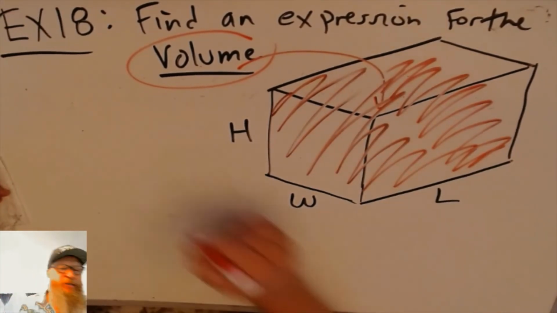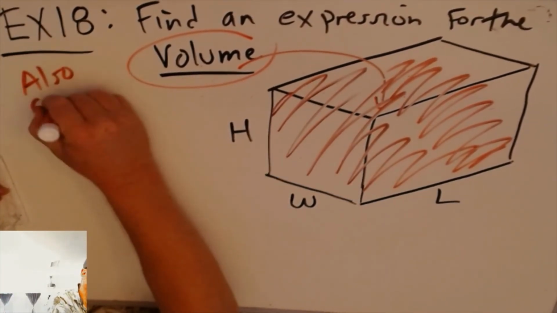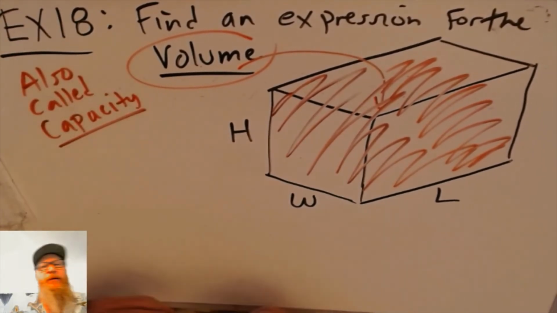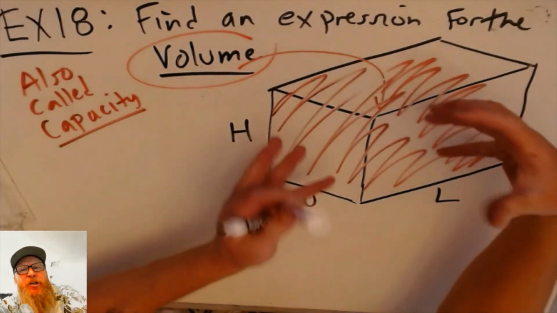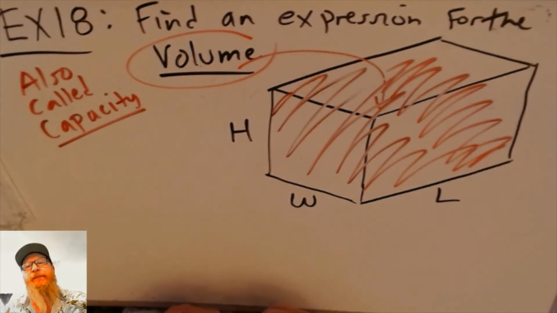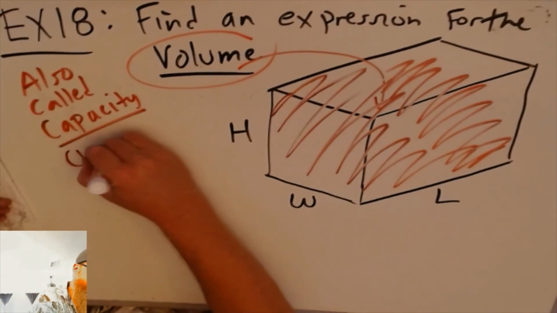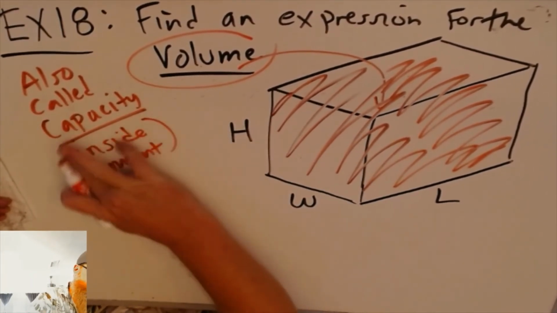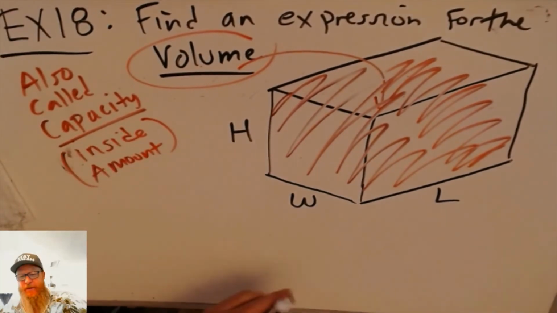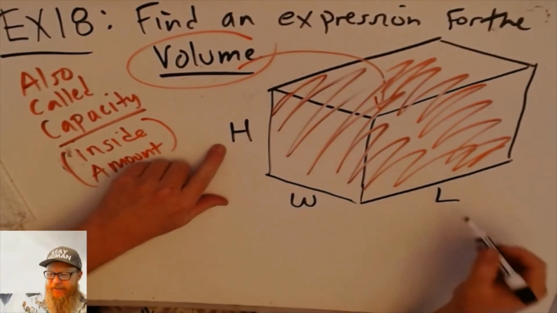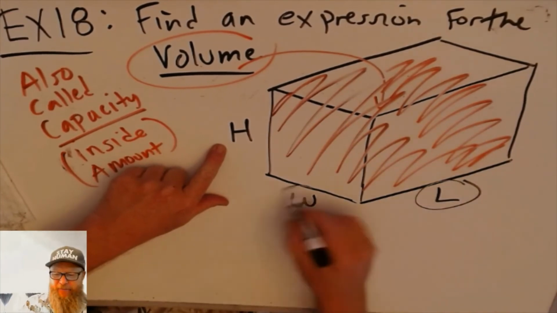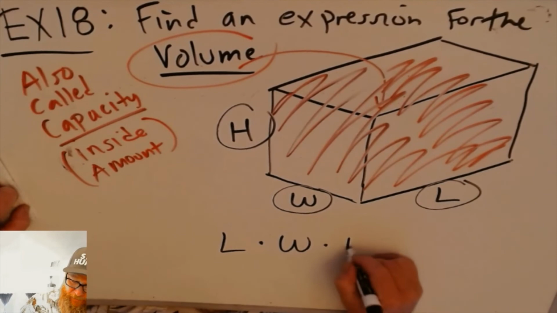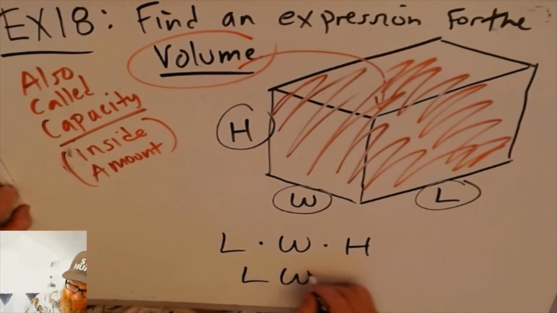It's also called capacity. Yeah, how much does it take? How much can you hold inside of it? Well, the volume is the length times the width times the height. Or you could just say LWH.